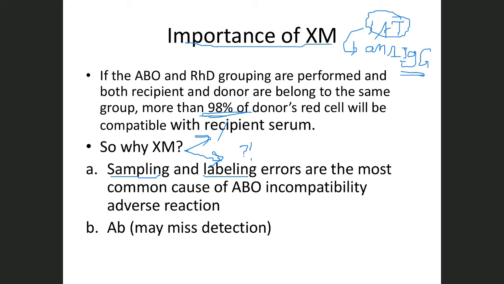I would be able to detect that by an immediate spin cross matching. Also, yes, I do a screening and identification, but maybe I missed an IgG antibody. So maybe this is the last chance to detect that.